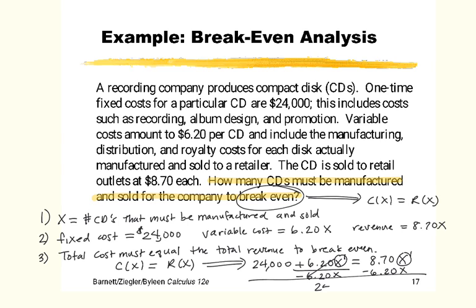Okay, and so here I have 24,000 left on the left side. And then I have $8.70 minus $6.20. So we have $2.50 per CD times x. Okay, and so here I want to isolate x, so I'm going to divide both sides of the equation by 2.50.